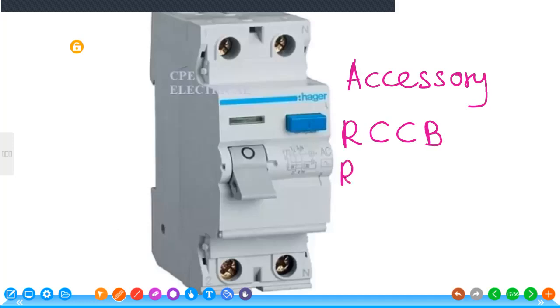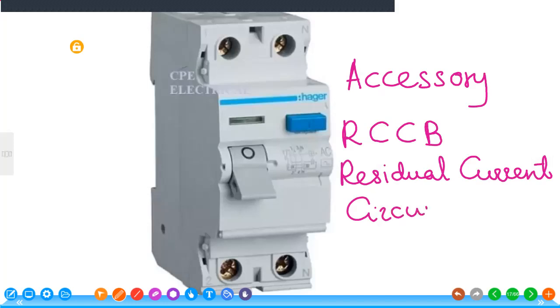You should know this. Residual current circuit breaker. Earlier, this one was called a trip switch, but nowadays we have modified the term. In Sinhala also we say Sheshadara Paripatha Bindine. Right? Residual current circuit breaker.